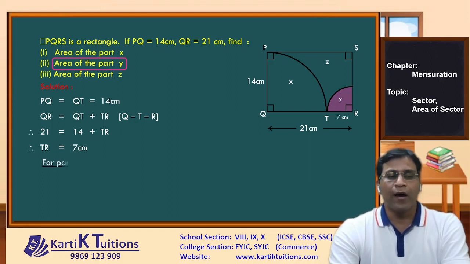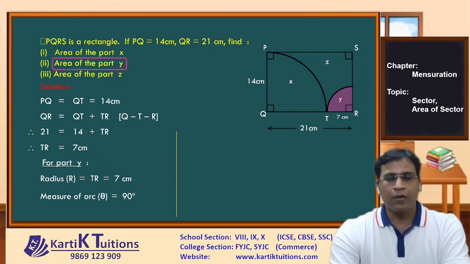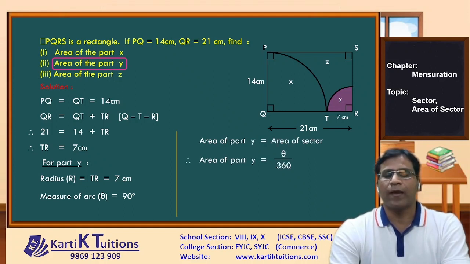So for part Y, our R is 7 centimeter and theta is 90 degrees. Since we are talking about our central angle and the new sector, we have denoted it by capital R. Now here again, the area of part Y is nothing else but the area of a sector, that is theta upon 360 into pi r square.